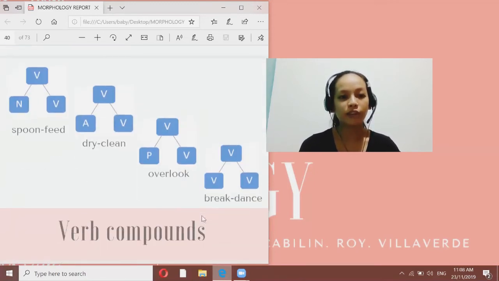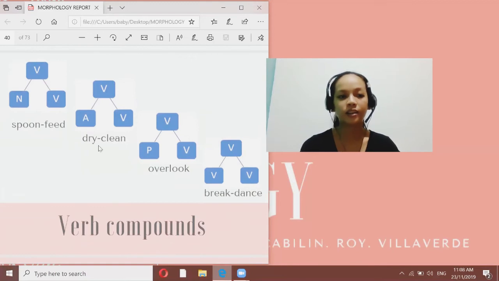Then we have the verb compounds. Take note that we can still use different parts of speech and put them together to form the verb compounds, like a noun and verb: spoon feed, brainwash, house hunt, and babysit. Next, we have adjective and verb, like dry clean or whitewash.